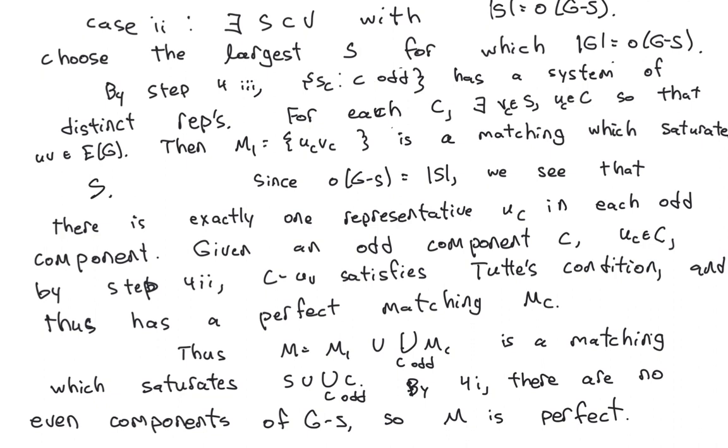So we have a perfect matching of that component minus that vertex. Then if we glue all these matchings together with M1, we have a matching which saturates S and every vertex in an odd component. However, by step 1, there are no even components of G minus S, and so in particular, every vertex appears in this set, and thus M is in fact a perfect matching.